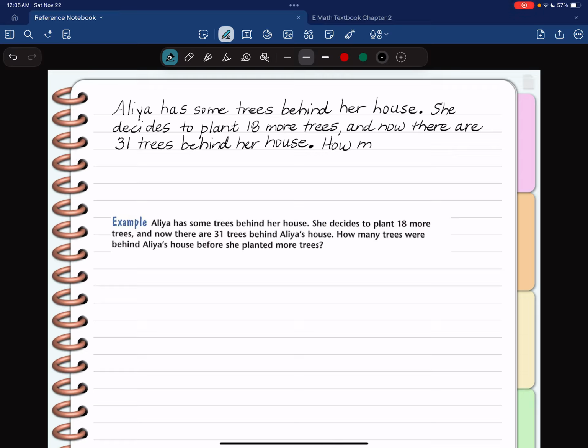How many trees were behind her house before she planted more?